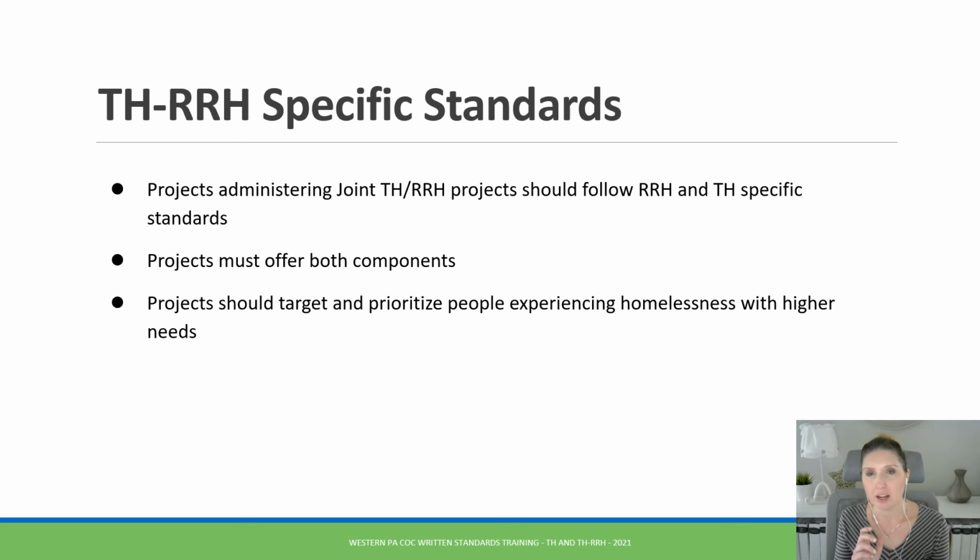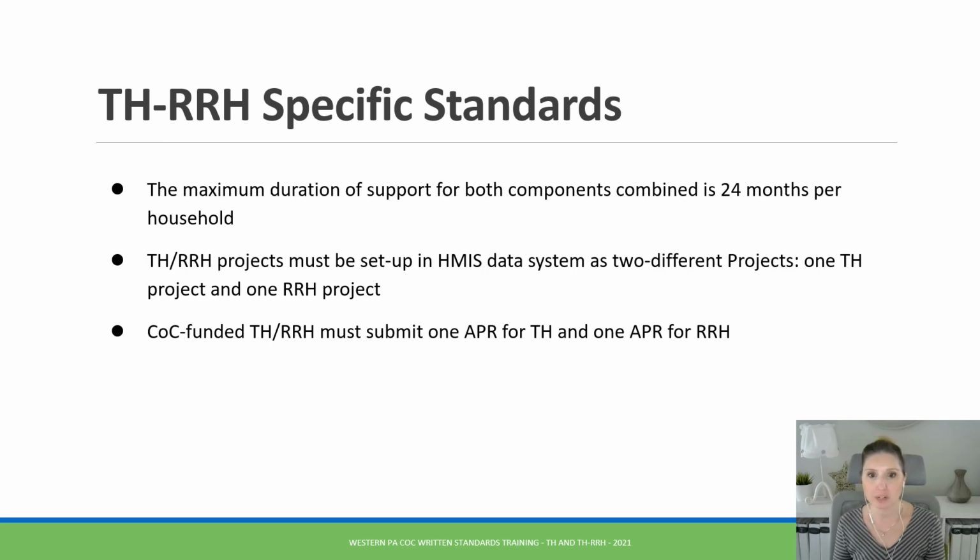If the caveat regarding lack of shelter beds does not apply to you, then the highest needs, again, equals those with multiple barriers to obtaining and retaining housing, and those who are the most vulnerable. The maximum duration of support for both components combined is 24 months per household.